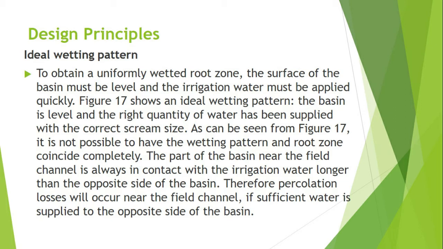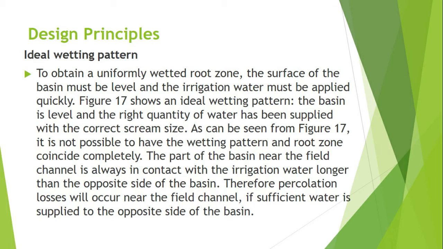As can be seen from the figure, it is not possible to have the wetting pattern and root zone coincide completely. The part of the basin near the field channel is always in contact with the irrigation water longer than the opposite side of the basin. Therefore, percolation losses will occur near the field channel if sufficient water is supplied to the opposite side of the basin.